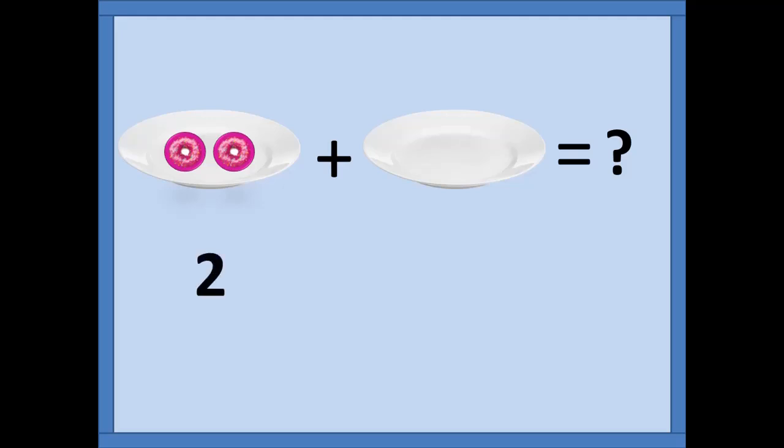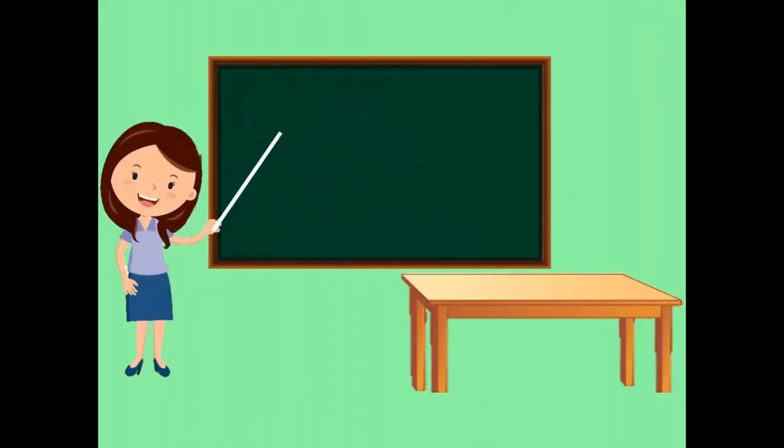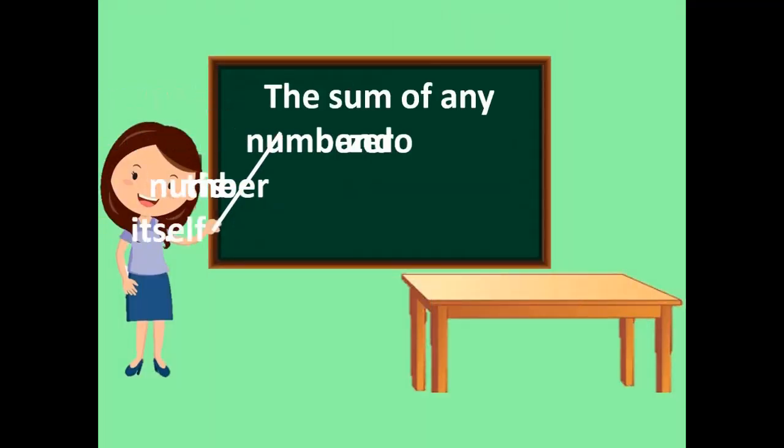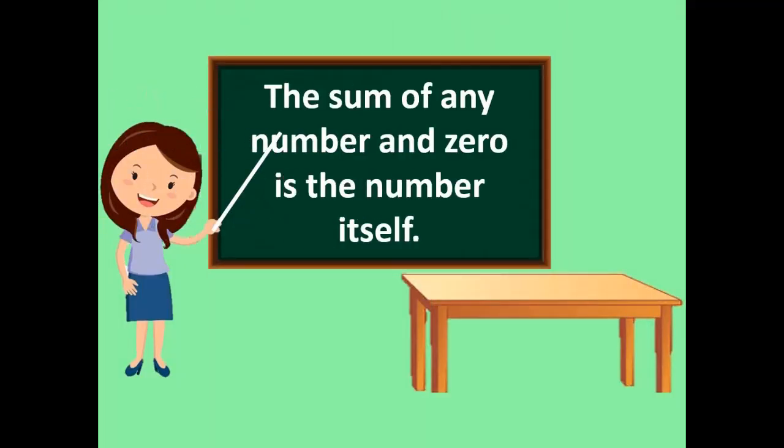So here 2 plus 0 is equal to 2. Thus there are 2 donuts in all. Thus it can be concluded that the sum of any number and 0 is the number itself.